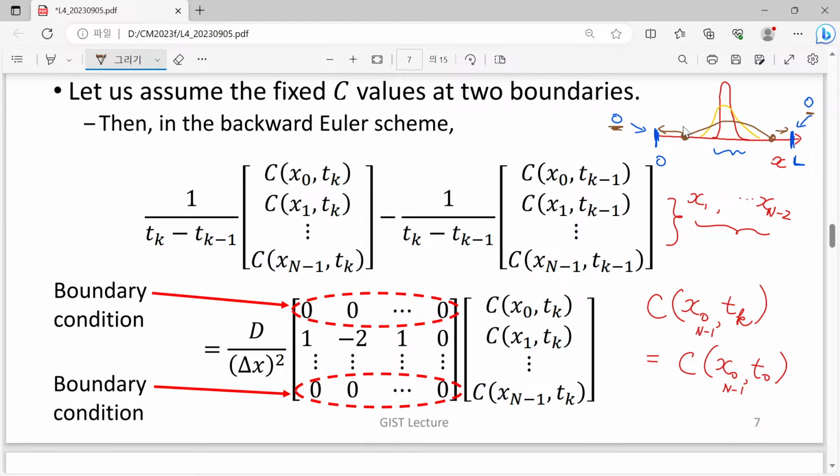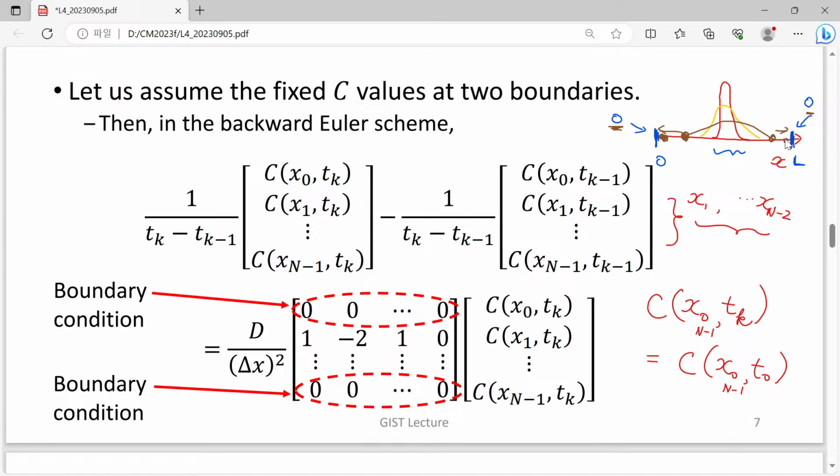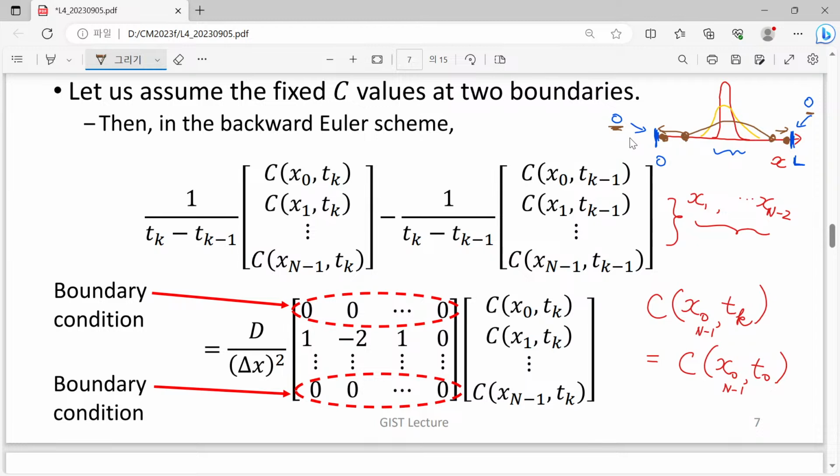Of course, let's say that now time has elapsed sufficiently, then now this left front is almost close to the left end, and the right front is quite close to x equal to L. In that case, the boundary condition we have assumed up to now is not good enough, because now we really have a non-zero dopant profile, so it is no longer a good approximation or good boundary condition.